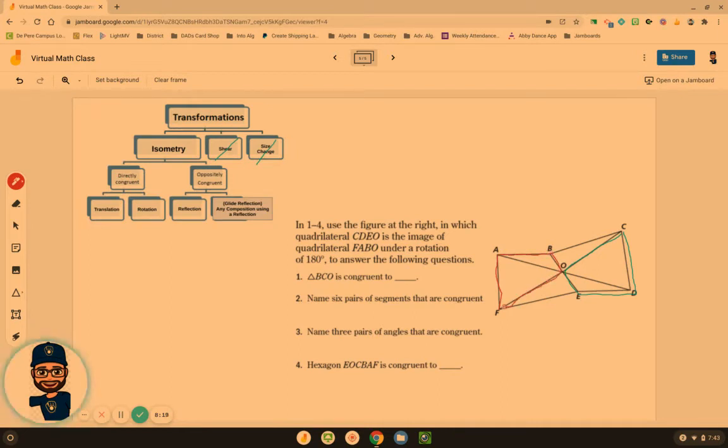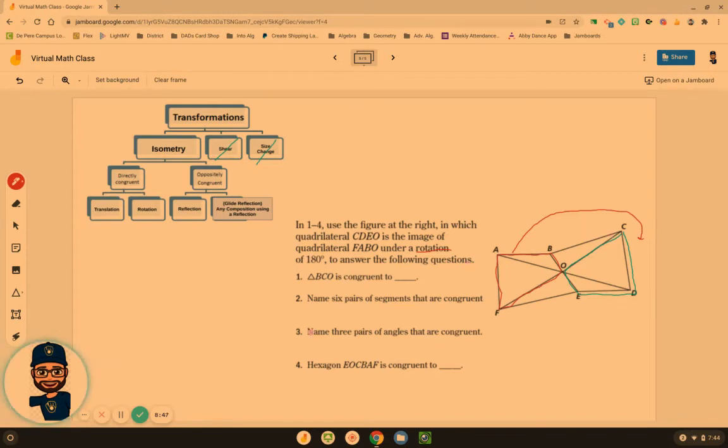So that order, F to A to B to O, is a rotation of 180 degrees. So in a sense, this rotated 180 degrees that way. Could have gone the other way, counterclockwise as well, but it's rotating it, okay?